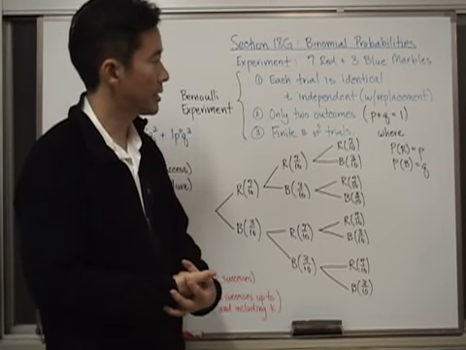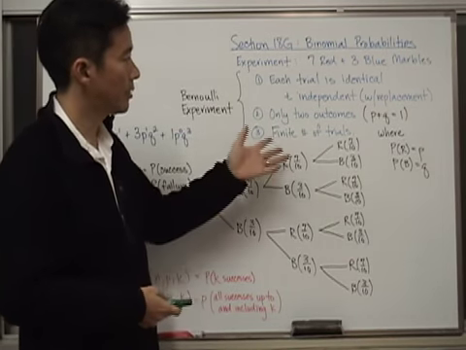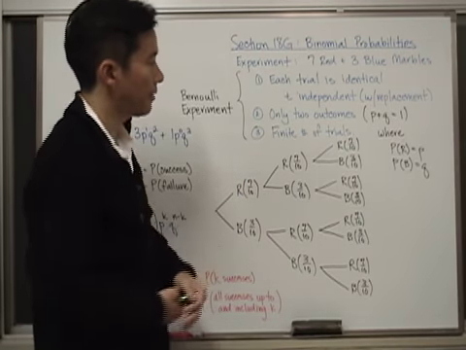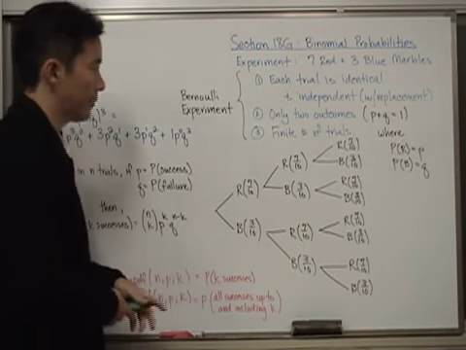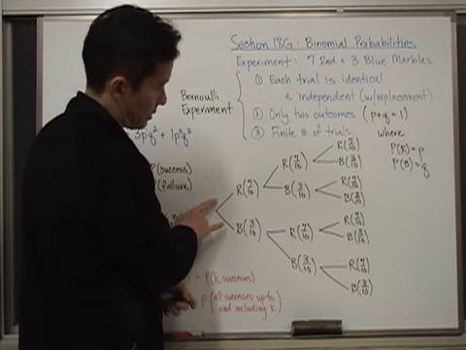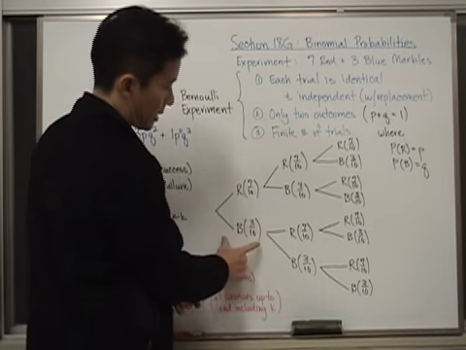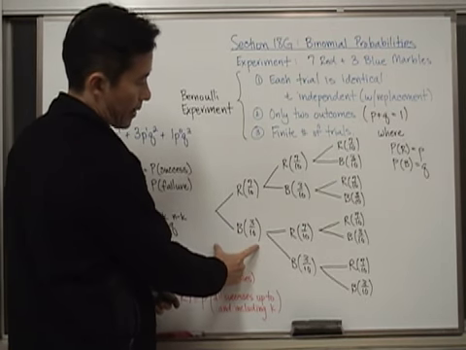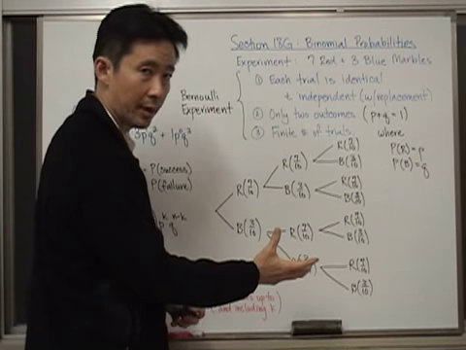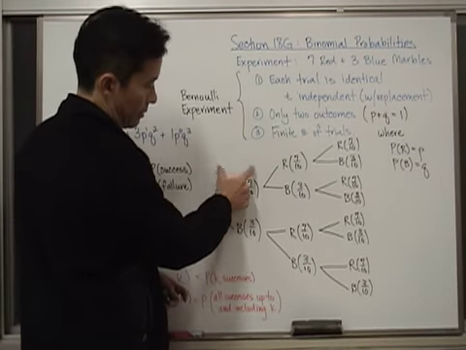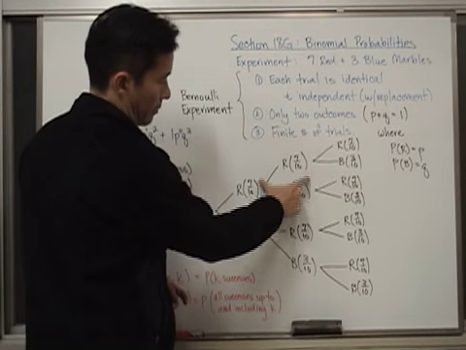Now there's a couple of things that we should recognize here if we put this into what we would call our tree diagram. Let's take a look at what this looks like. Notice that if we analyze the tree, and let's just say for now that we only have 3 trials, each trial is going to be exactly the same.